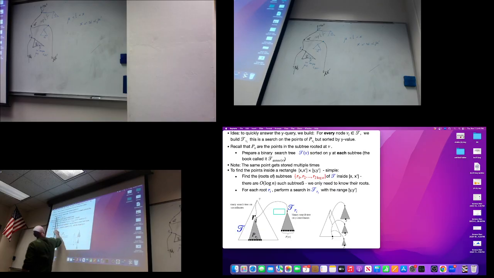In the book it is called tau associated with V, by the way, just using slightly different notation. And now to find all the points in the search rectangle in the window, I'll tell you what is x and x prime, left boundary, right boundary, and what is y and y prime, an orthogonal query.